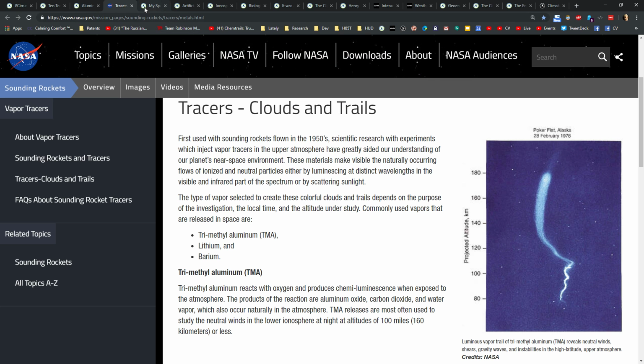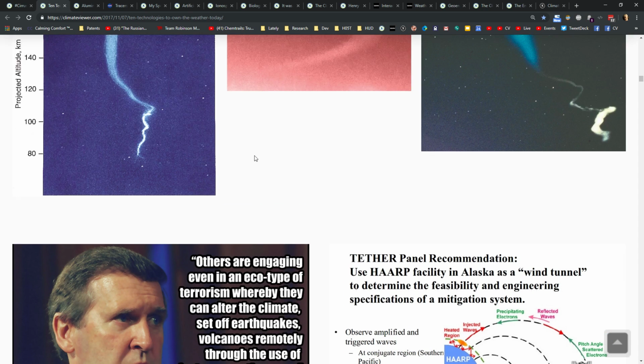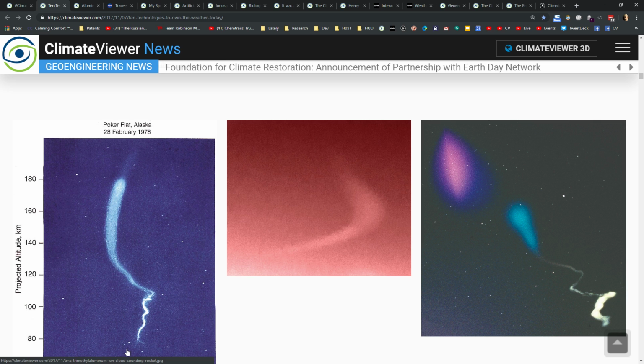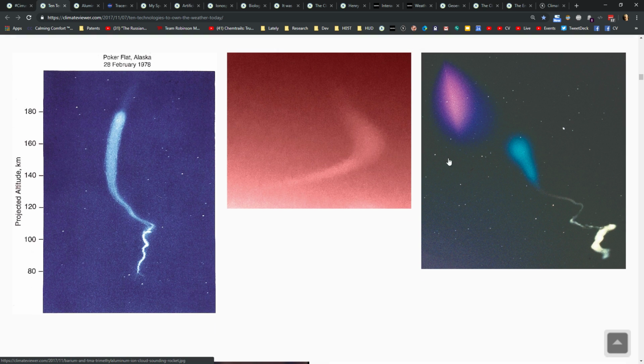And I also have this on my 10 technologies, which you can see right here. You have right here, this is a trimethyl aluminum trail. This is a lithium trail. Lithium is the only chemical trail that is visible during the day. And this is strontium, barium, strontium, and trimethyl aluminum all in one launch.